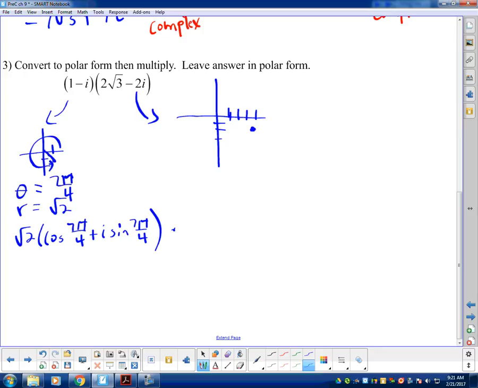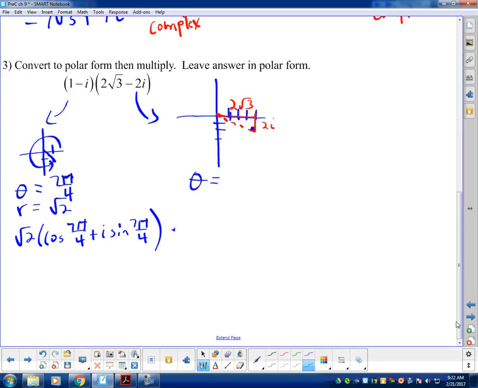So we have 2 root 3 out, 2 down. So we've got to find our angle here. It's actually one of our special angles. You know which one it is? It's farther out than it is down. Did you say it? You're right, 11 pi over 6. Do you guys see that?